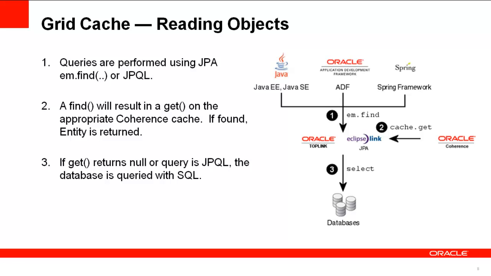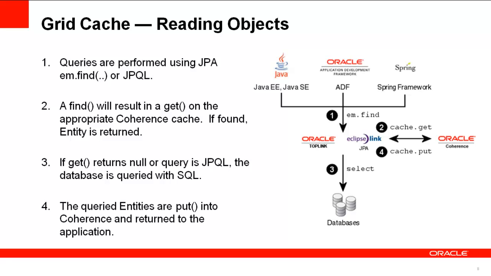So for all JPQL queries, we do hit the database with a select statement. We are just using Coherence for primary key queries. If we do query the database, then we perform a select, we build the objects, and then we put them into Coherence, and then return them to the application for use. And this is how we populate the Coherence cache.